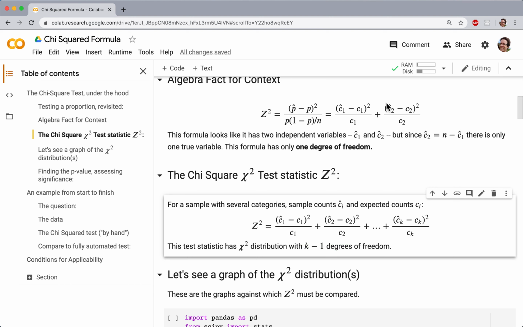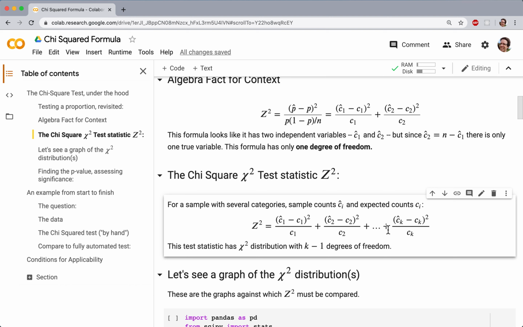So up here, I argued that C2 hat is actually a function of C1 hat, and therefore it only has 1 degree of freedom, even though it has two terms. In general, we might have 10 terms, but it would have only 9 degrees of freedom, because the last term is really just the total count minus the others. So this is how the chi-squared test really works underneath the hood.